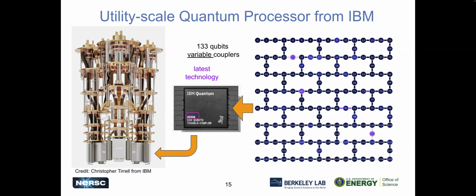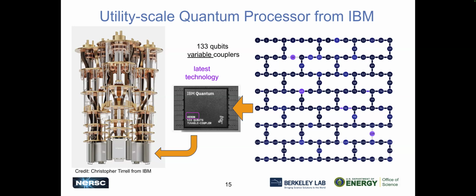In the latest generation of their technology, the Heron chip architecture, they have introduced tunable or variable couplers between the qubits, which reduces the crosstalk and improves the quality of the hardware over previous generations.